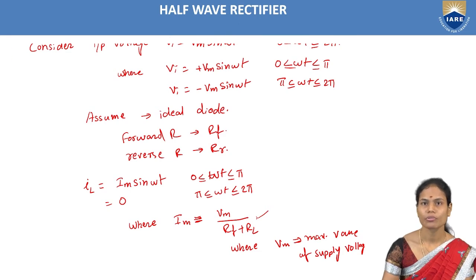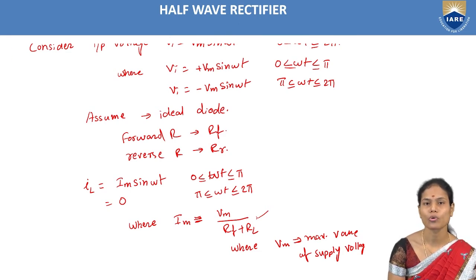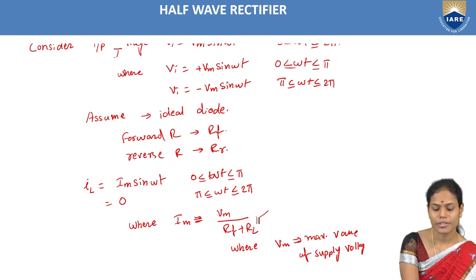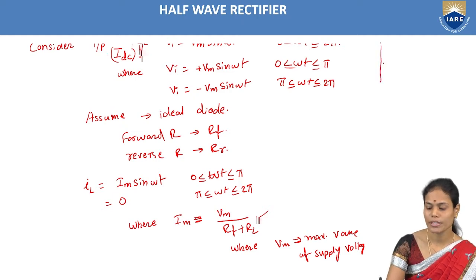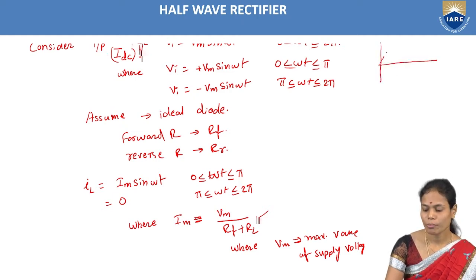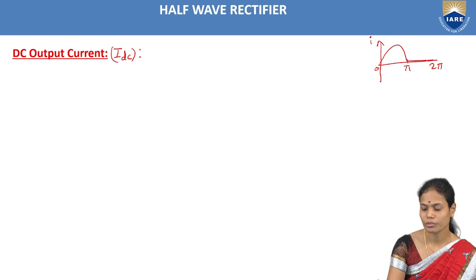In this we are going to calculate first the DC output current. We can represent it as I subscript DC. This is nothing but the average current we get from the output of the half wave rectifier. We can calculate this from the output waveform of the current, 0 to pi to 2 pi.